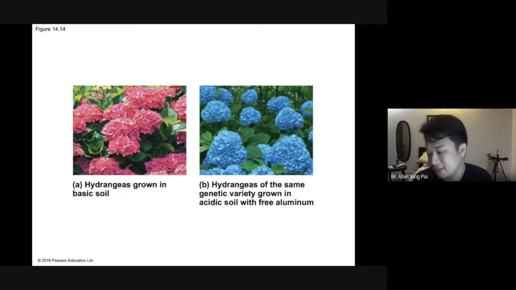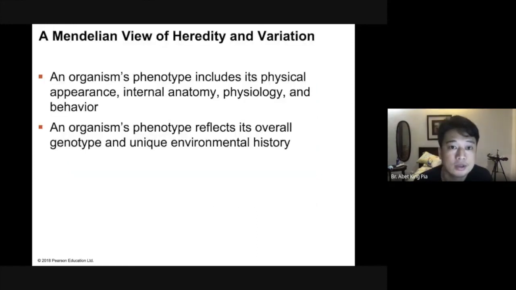So in this case, the pH level of the soil will determine kung ano yung magiging kulay niya. Maganda dito sa mga plants na to, it will actually give us an idea if the soil is basic or acidic.